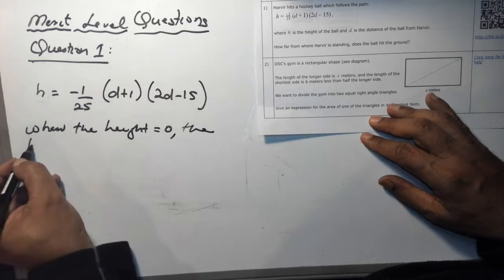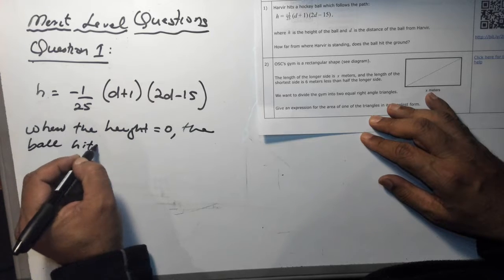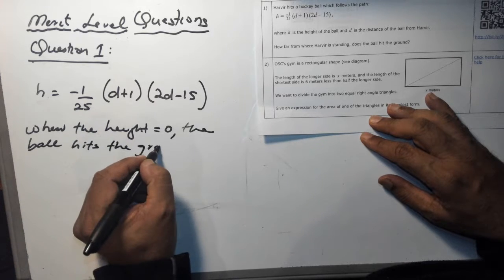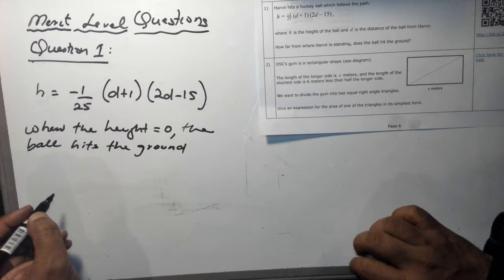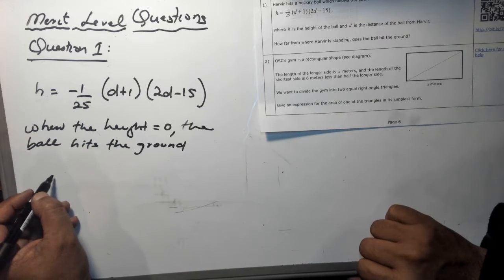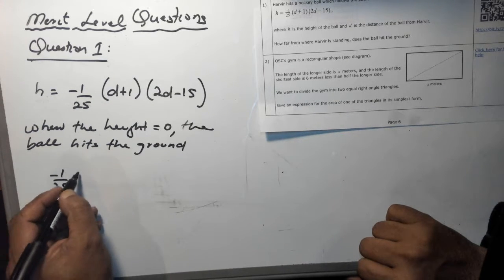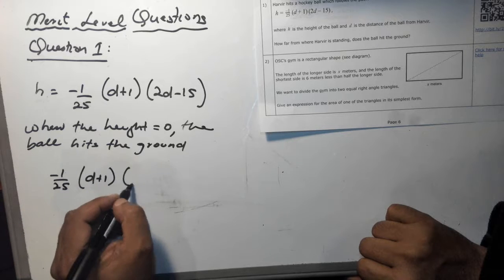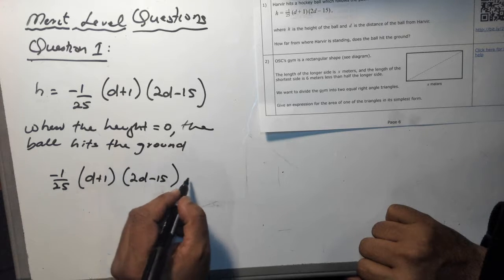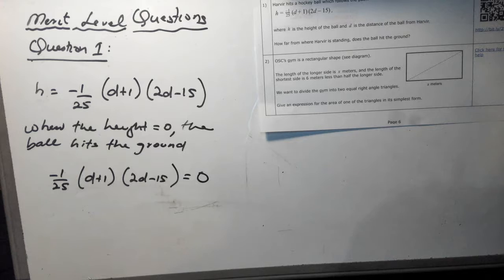So what I can do now is write this as -1/25 (d + 1)(2d - 15), and all of that is equal to 0.